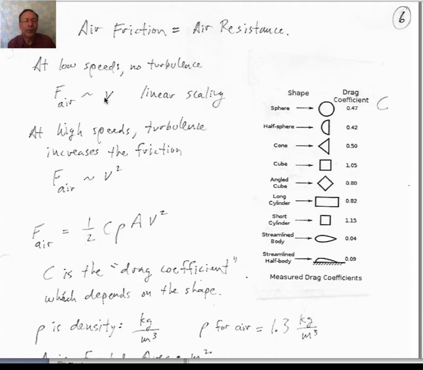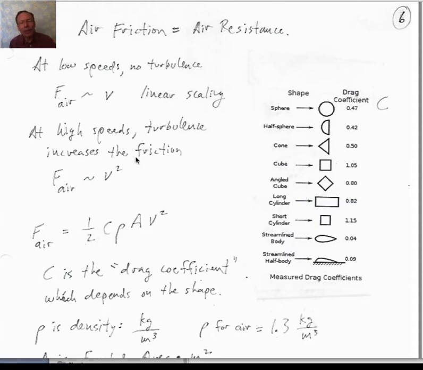Let's say 1 meter per second, you would have a certain amount of friction. If you went 2 meters per second, oh, now you're going to have twice as much friction. 3 meters per second, 3 times as much friction.